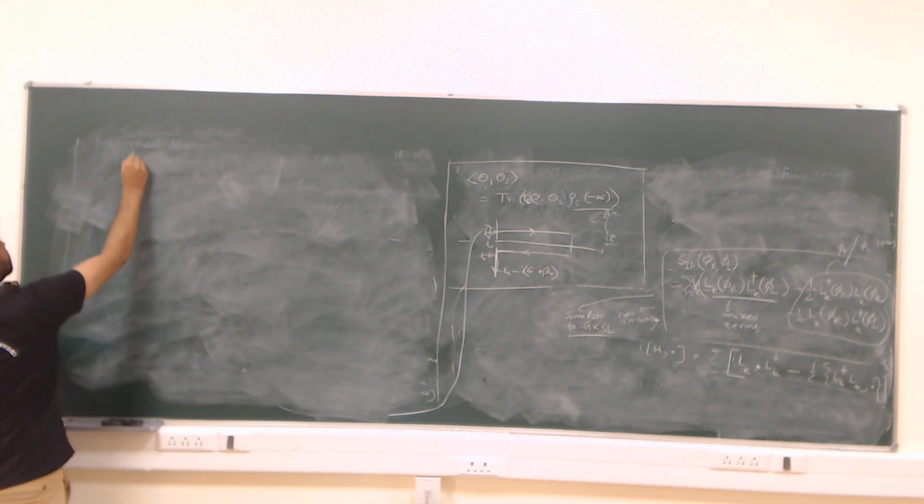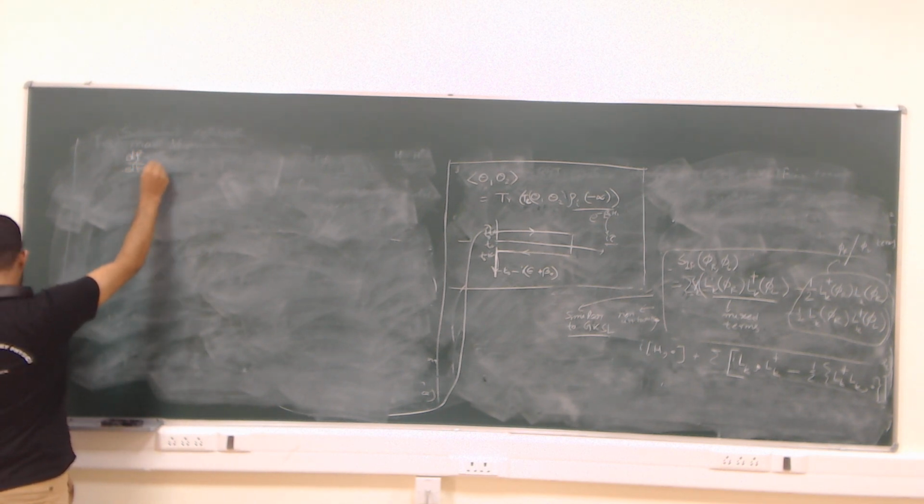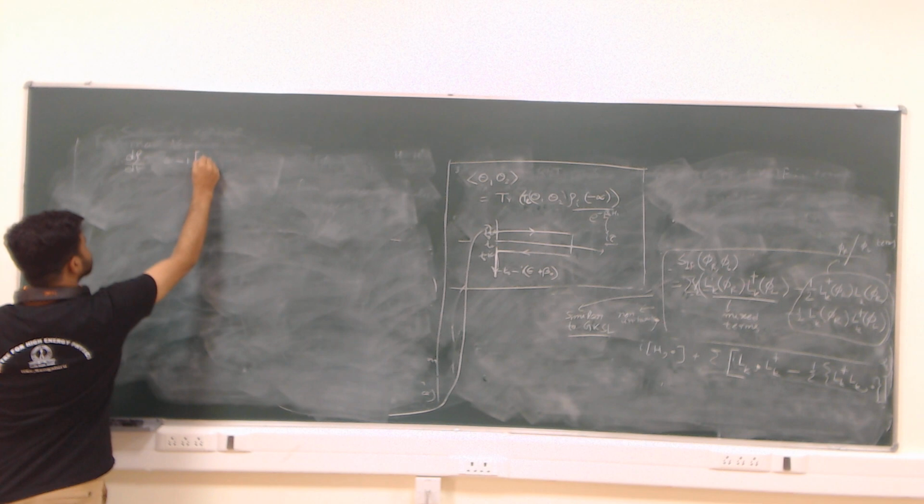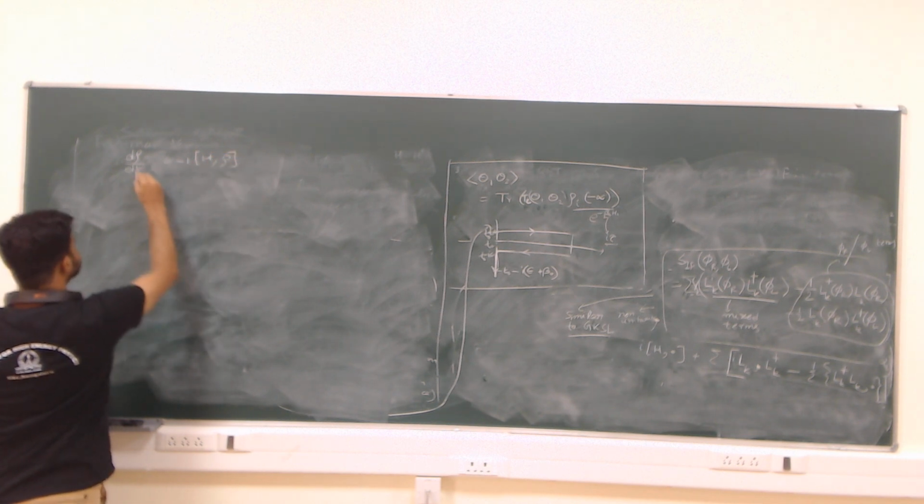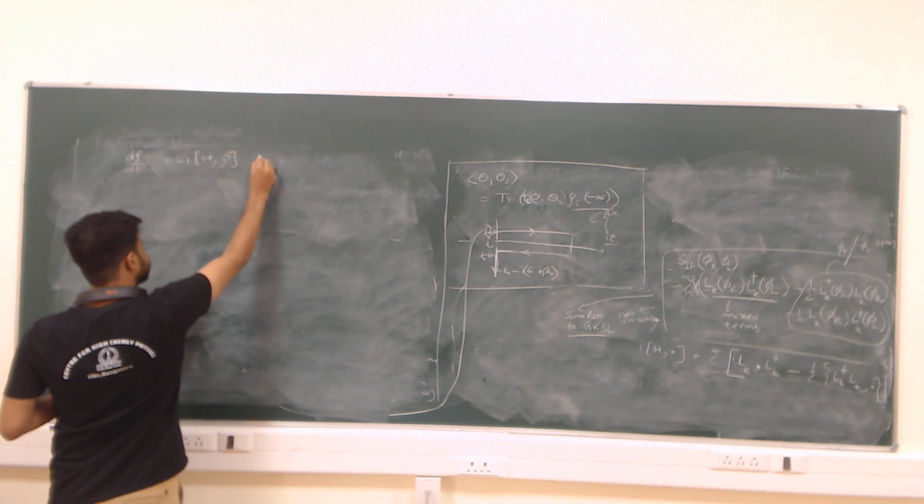So GKSL equation like this, matrix, everything is the system density matrix.